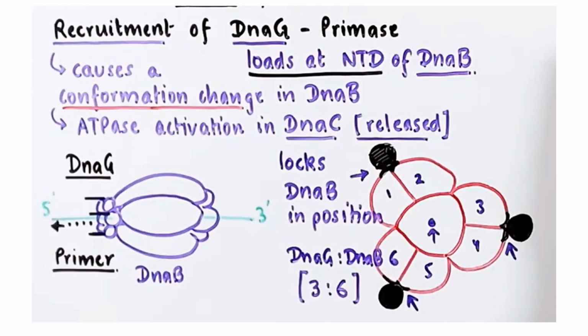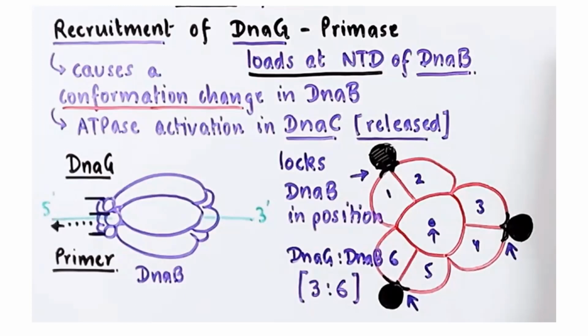But how is this conformational change occurring? This is where the N-terminal view comes in handy. It turns out that DNA-G binds at these notches at the N-terminal domain of the helicase, and this is what it means. DNA-G is loaded to the helicase, and this binding of primase at the N-terminal region locks the helicase position so that it engages the DNA in the central channel much better.